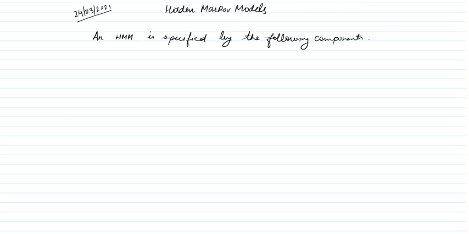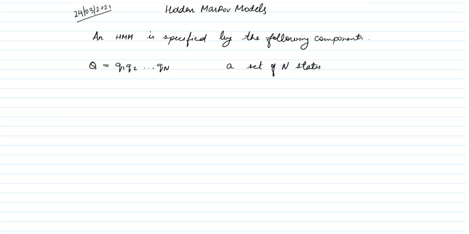The first one is the set of states, that is Q1, Q2 to Qn. So a set of n states.